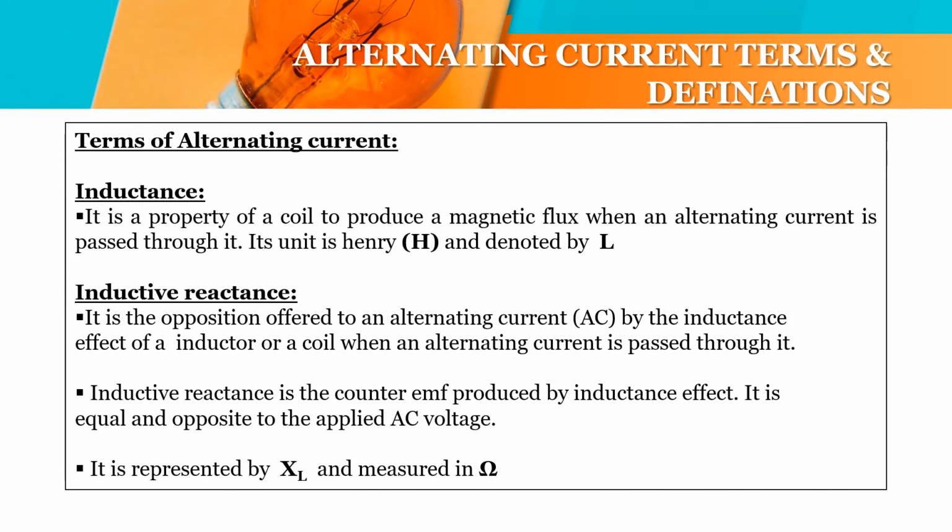Terms of alternating current. Inductance. It is a property of a coil to produce a magnetic flux when an alternating current is passed through it. Unit is Henry and denoted by L. Inductive reactance. It is the opposition offered to an alternating current by the inductance effect of an inductor or a coil when an alternating current is passed through it.